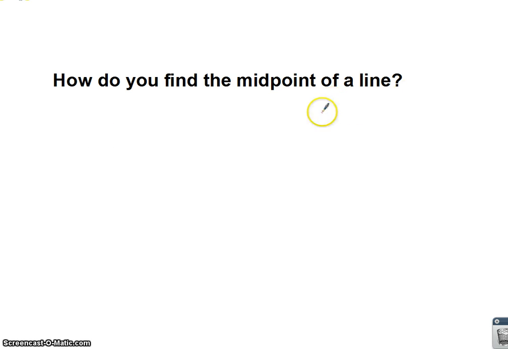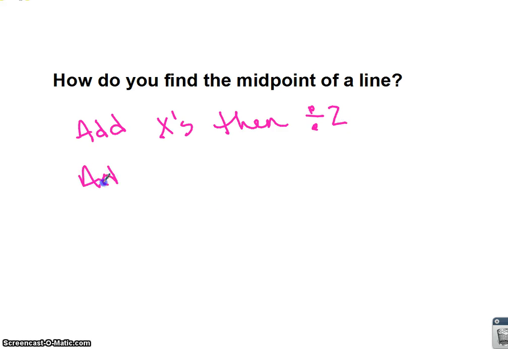How do you find the midpoint of a line? You add the x's, then divide by 2, and you add the y's, and then divide by 2.